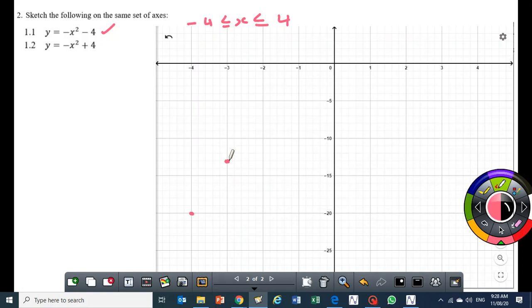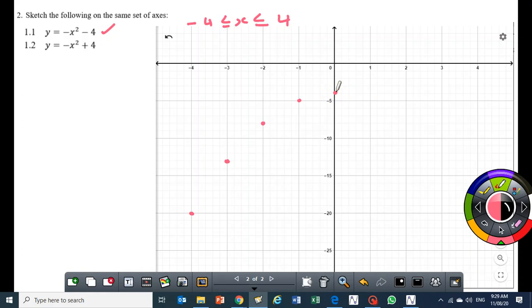When x is minus 2, I'll get minus 8, so minus 8 is there. When x is minus 1, I'll get minus 5. Minus 5 is there. When x is 0, take note, y is going to be minus 4.